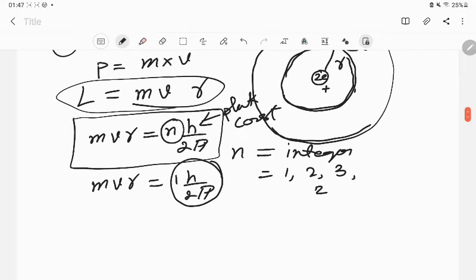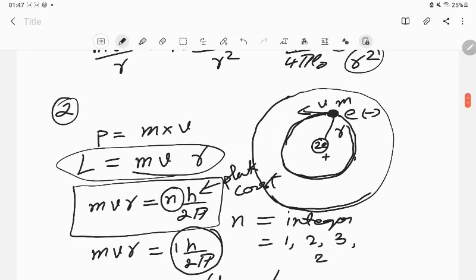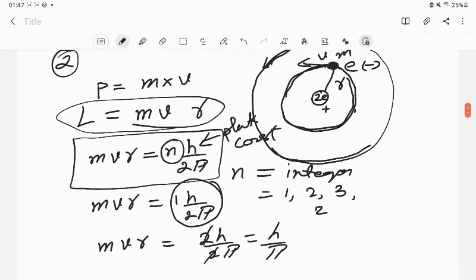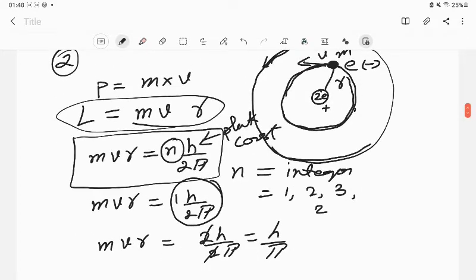If the angular momentum of the electron is 2h by 2 pi, that means the 2 cancels, h by pi, then that electron will move in the second orbit. Every electron has its fixed orbit.